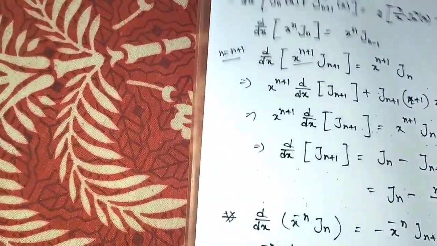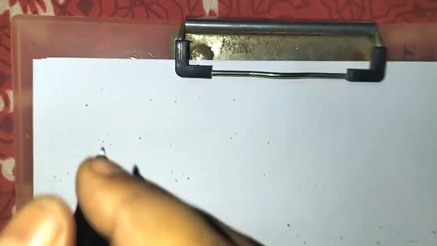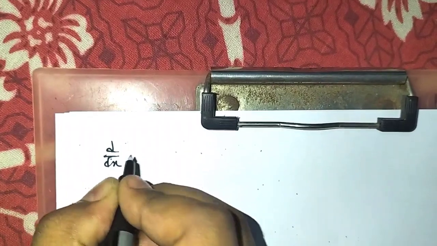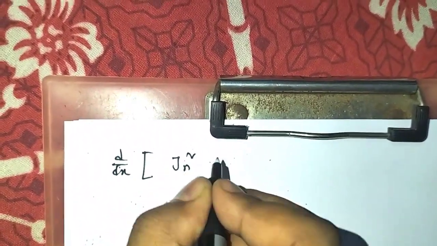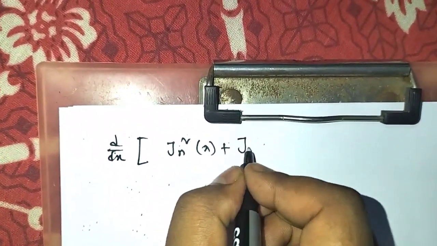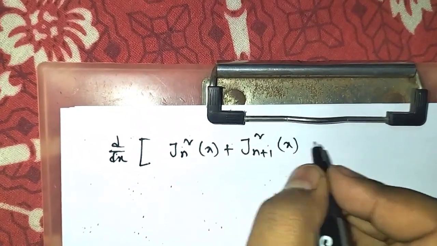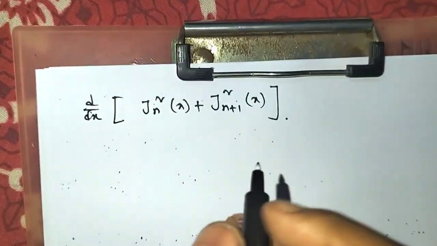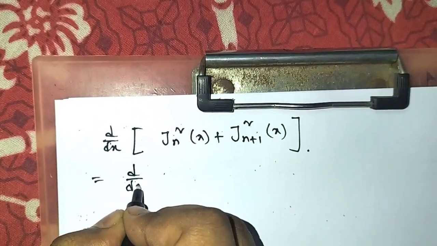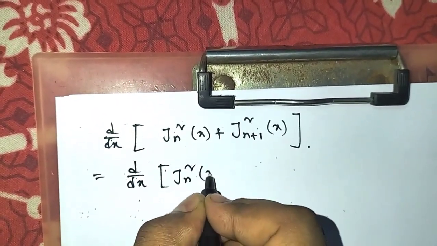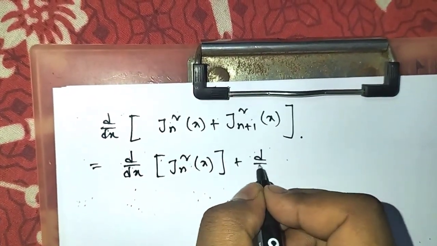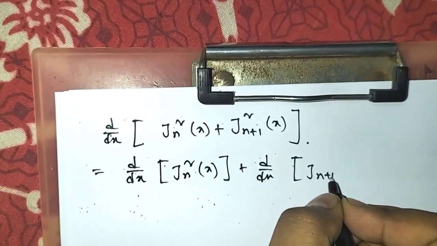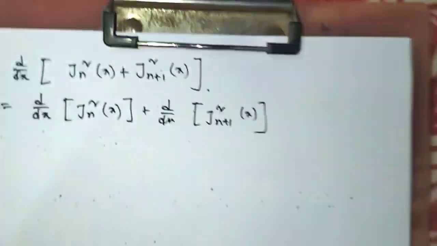Okay, now the second part, the LHS term. What is given is d/dx of J_n square of x plus J_n+1 whole square of x. So split this: d/dx of J_n square of x plus d/dx of J_n+1 whole square of x. Clear?